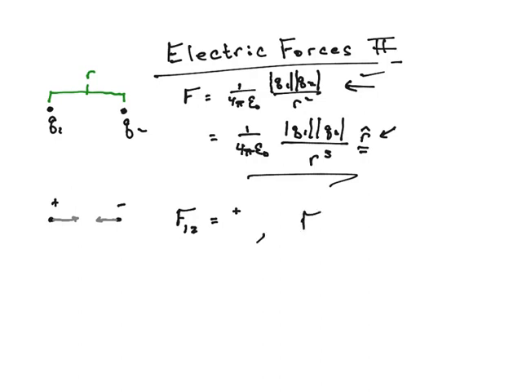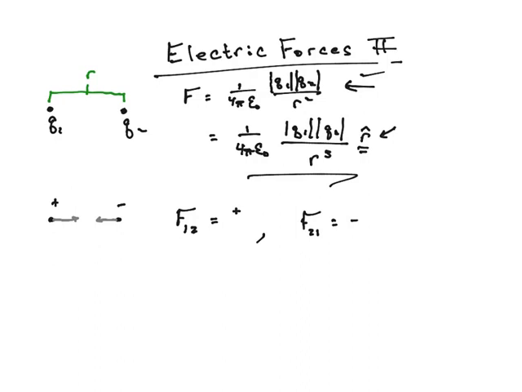Whereas, if I wanted to calculate the force on 2 due to charge 1, well, I know this force has to be negative because Q2 is pulled to the left towards Q1, so the force is to the left. Okay? It's very important when you plug these numbers in, you always plug all positive numbers everywhere, and on the outside, you either make it positive or negative, depending on which direction the force should be.